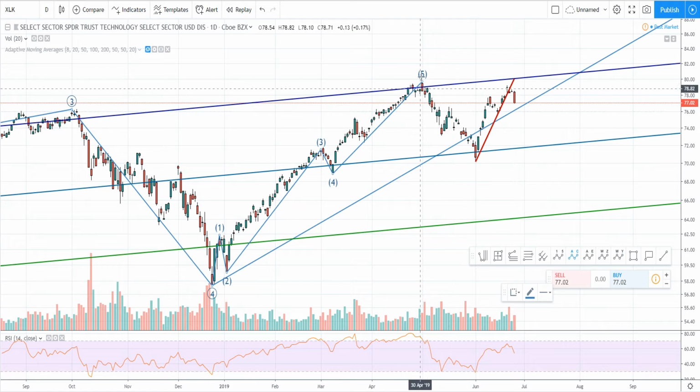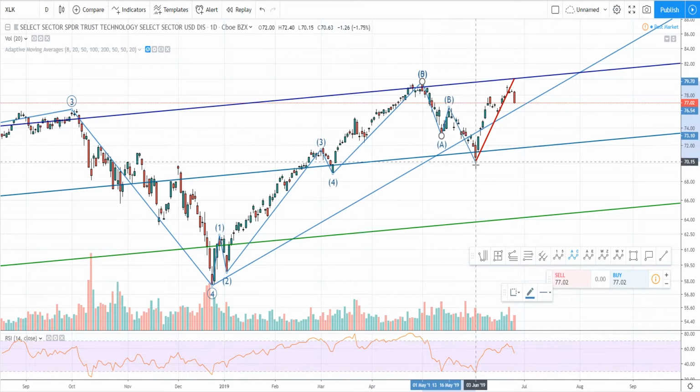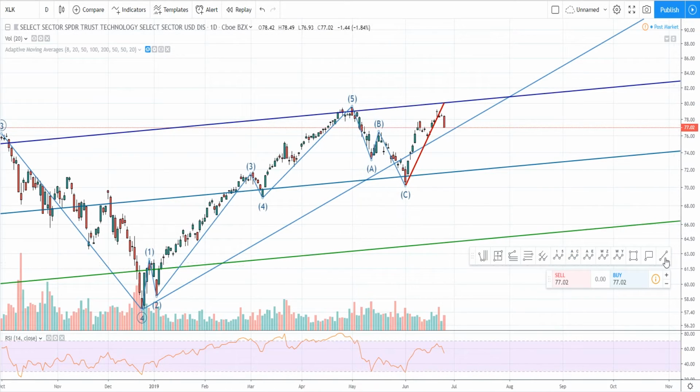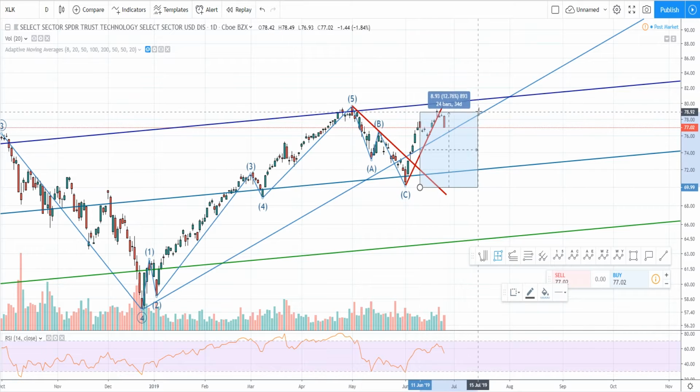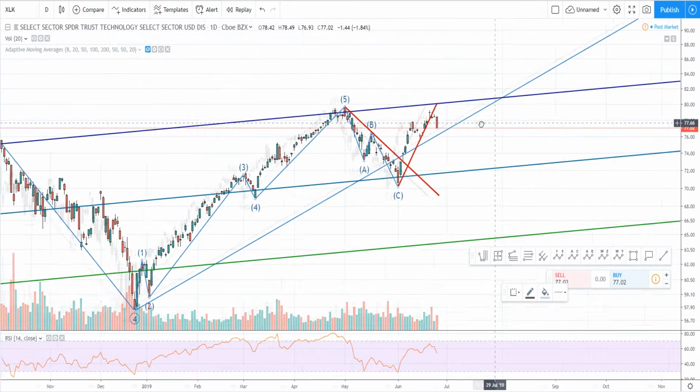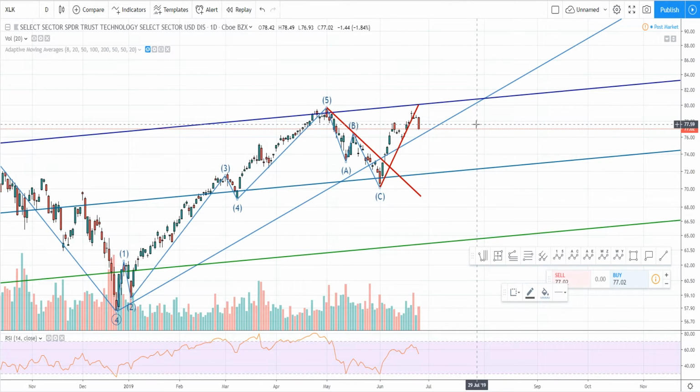So we had an A, B, C, and then we thought the bull trend would have started. So as you guys can see, through this trend line here, we broke out, and we rallied quite a bit. We rallied for 13% almost.